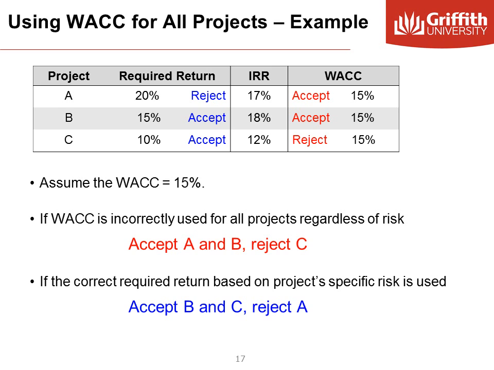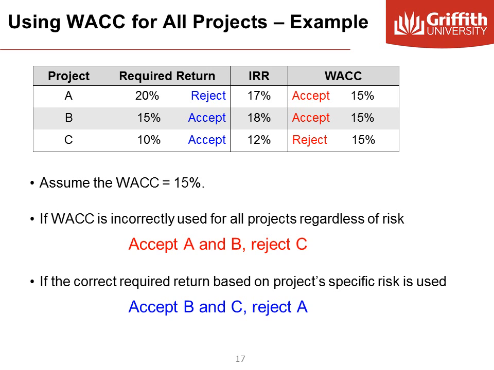So we look at the red colored words: accept A and B and reject project C. This would be an incorrect decision because WACC does not reflect the risk of that specific project.